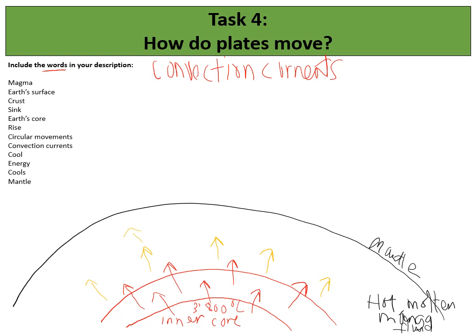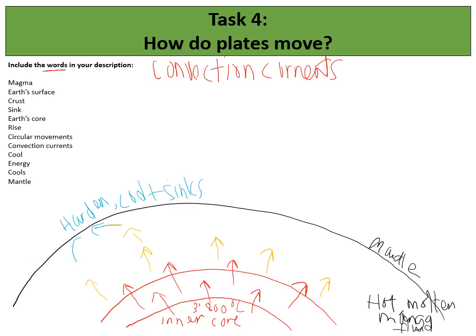However, as it gets closer to the crust, remember that the crust layer is relatively cool. So as this hot molten magma reaches the crust, it starts to cool down. Now, if heat rises, that means that cold things sink. So as the molten magma gets closer to the crust, it starts to harden, cool, and then it sinks.